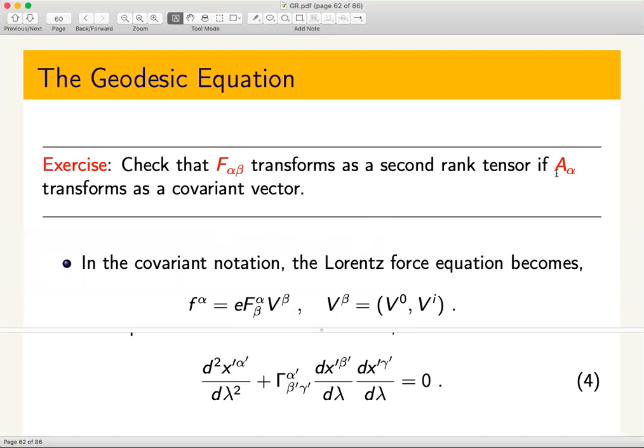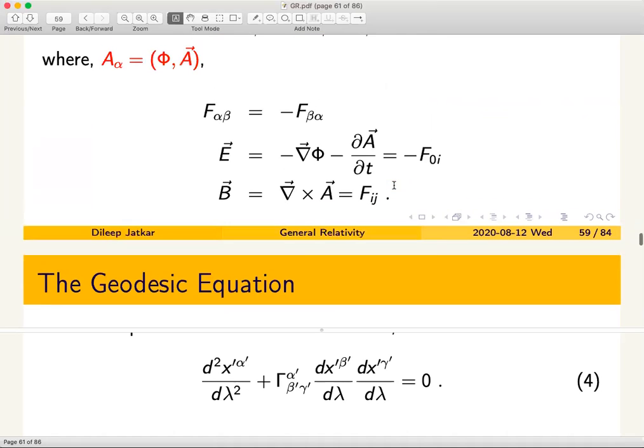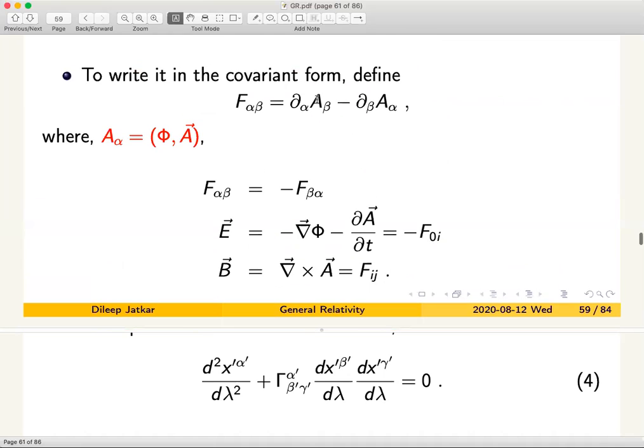If you had made a different assumption, that A alpha itself has an inhomogeneous transformation property, then of course the story would be different. But we know that the gauge field under coordinate transformation transforms as a covariant vector. So it's a trivial exercise given the definition written up here.